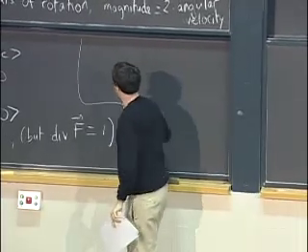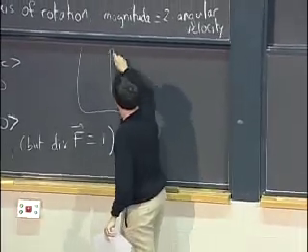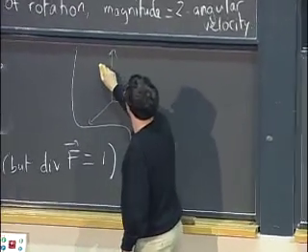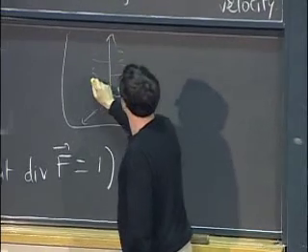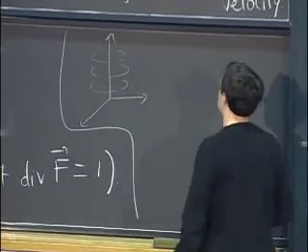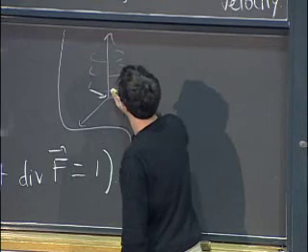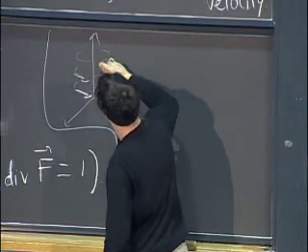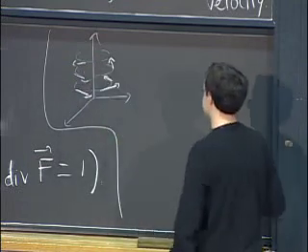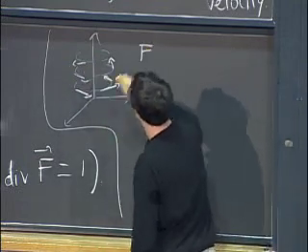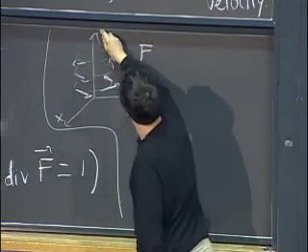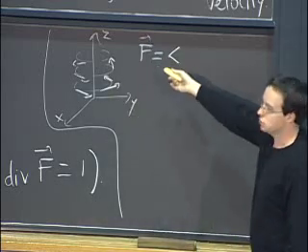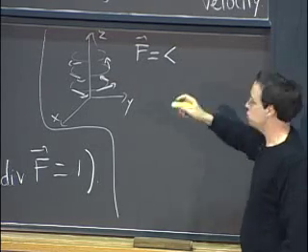On the other hand, if you take something that corresponds to, say, rotation about the z-axis at unit angular velocity, so that means you'll be moving in circles around the z-axis. One way to write down this field: its z component is 0 because everything is moving horizontally.